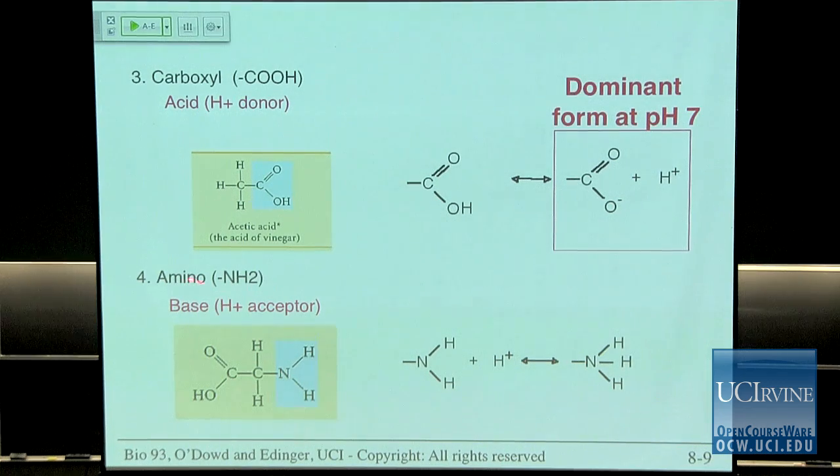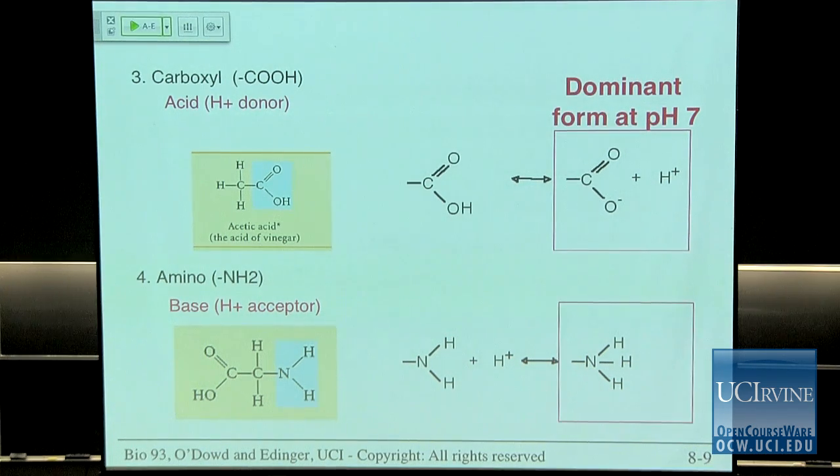Okay, and then we have the amino group, NH2. This is a base. It's a hydrogen ion acceptor. Here is the nitrogen bound to a carbon, and it has two hydrogens bound to it. This is the non-ionized form, and this is the ionized form.